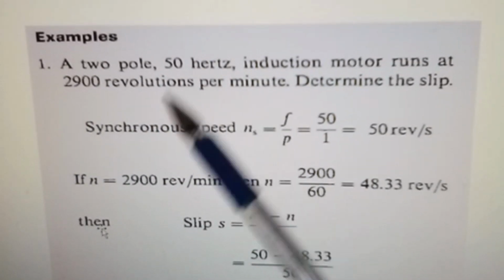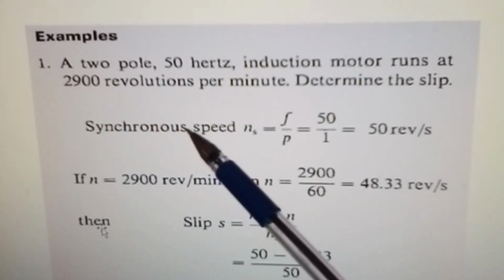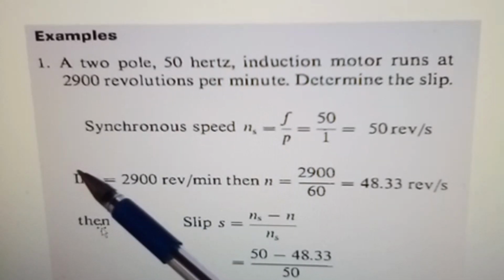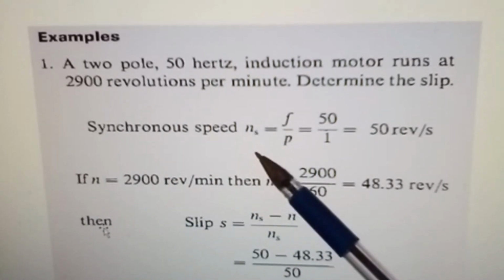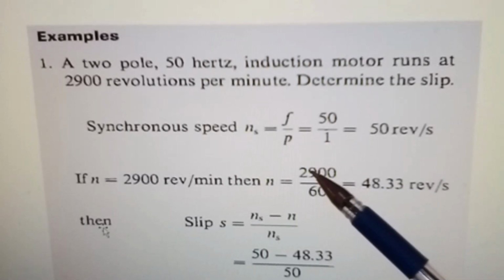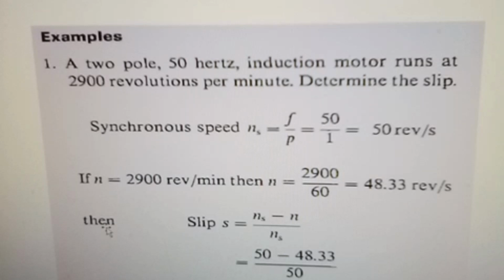A 2-pole 50 Hz induction motor runs at 2,900 revolutions per minute. Determine the slip. Now obviously you have the synchronous speed ns equals f over p, 50 over 1, which will give you 50 revs per second.